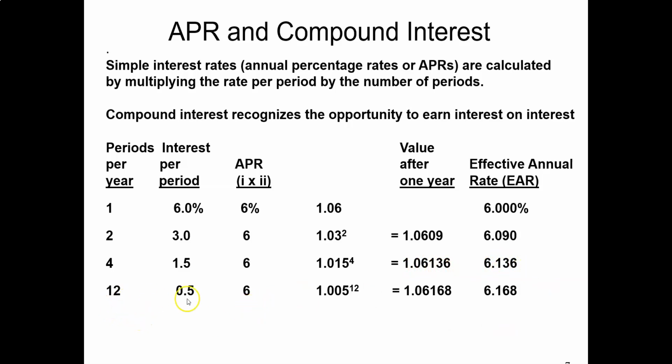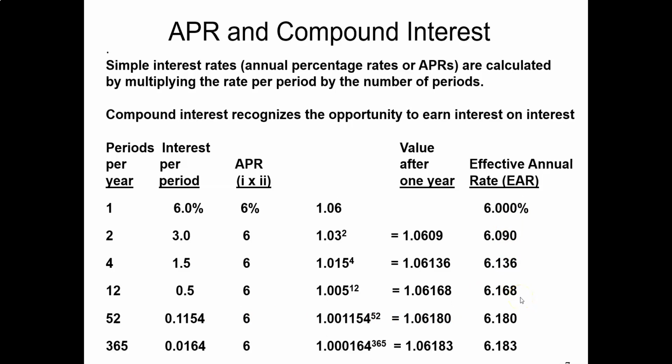If we do this monthly calculation, we find the monthly compounding rate will be 0.5%. You compound it 12 times during a year, so then the effective annual rate will be 6.168%. It is higher than 6%. If we have more and more periods during a year for this compounding calculation, the effective annual rate will be higher than this annual percentage rate.